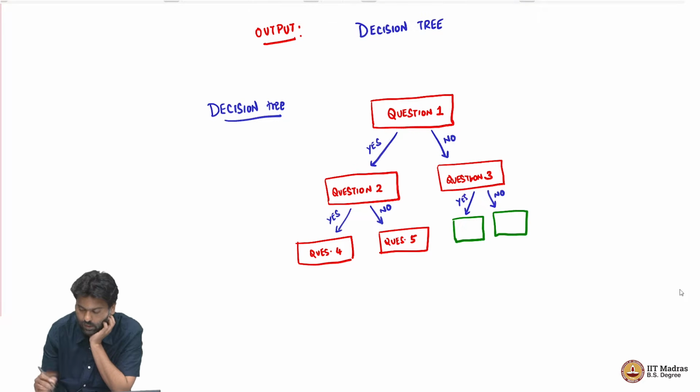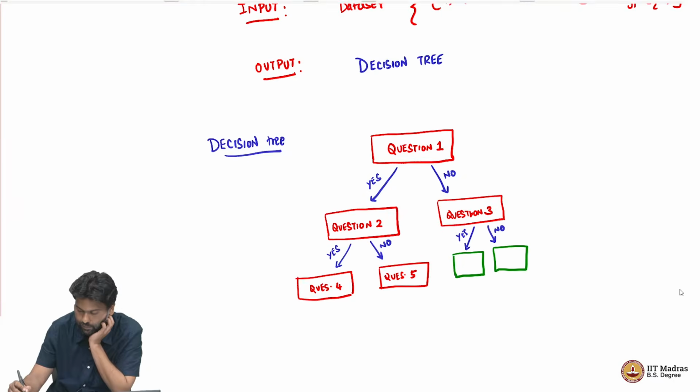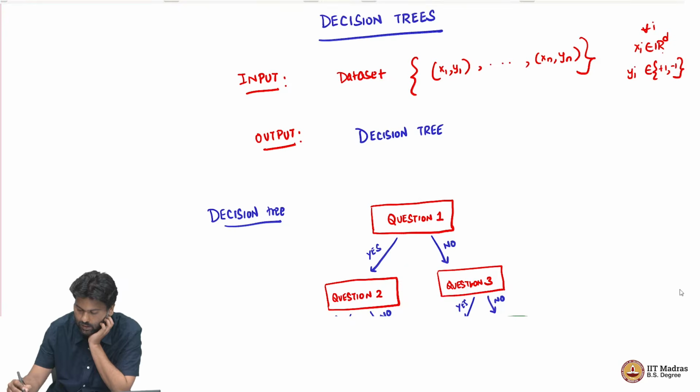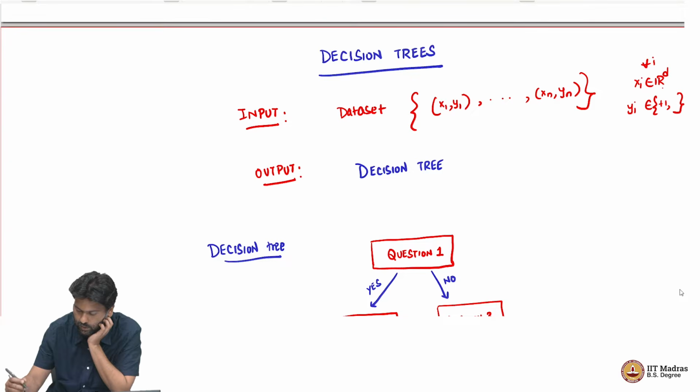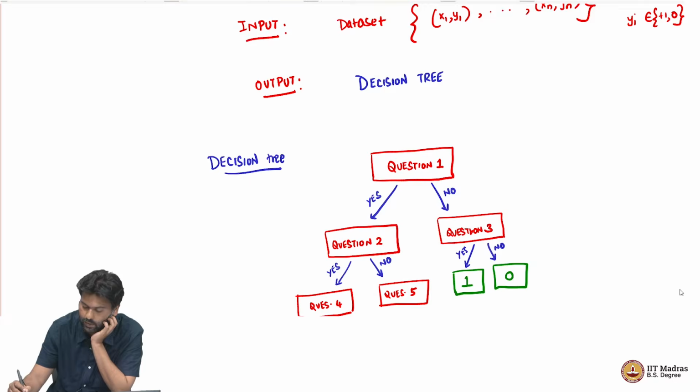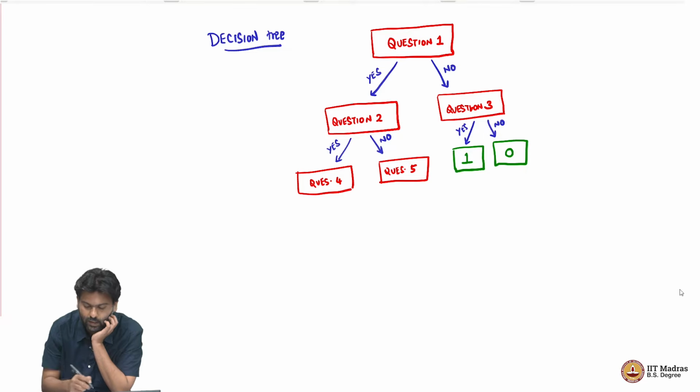And what might be the decision? In this case the decision is 1, and in this case let us say it's -1, or for this algorithm, let us say it's 0. It doesn't really matter, but I'm just going to use 0 to indicate negative samples. Whereas on the other side, you ask two extra questions, and then based on that you make a decision.